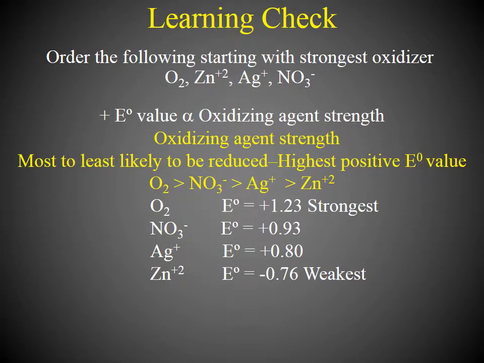And here it goes: oxygen, nitrate ion, silver ion, and zinc ion. And here are the numbers to back up that list. As you can see, oxygen has the largest cell value.